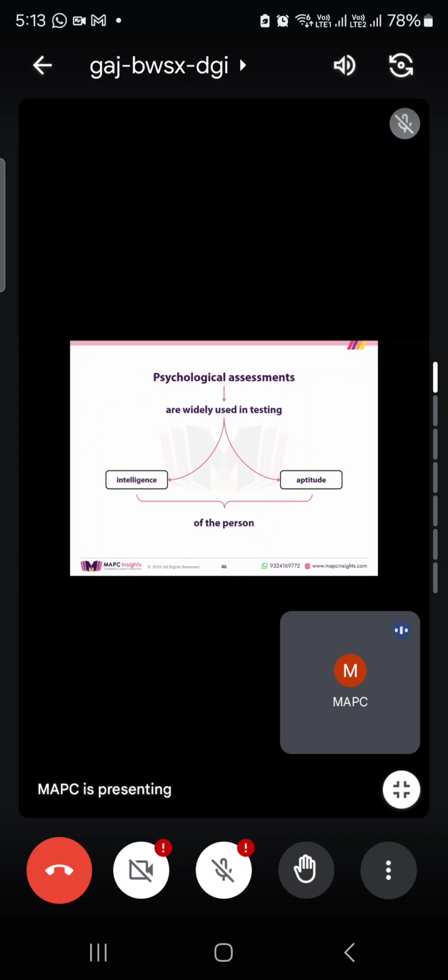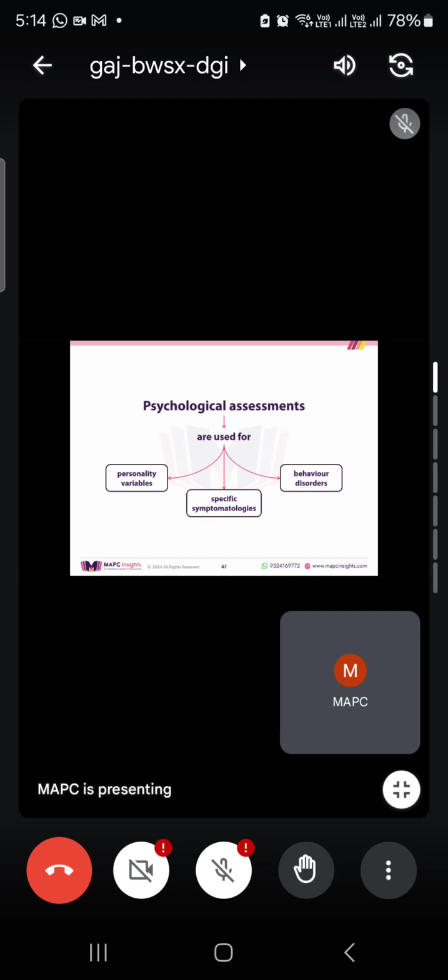So these are the practical applications of the test. Psychological assessments are widely used in testing the intelligence and aptitude of a person. We use psychological assessment to check intelligence, aptitude, depression, anxiety, emotional intelligence, so many things. A number of inventories are there to check this. Psychological assessments are used for personality variables, to assess the personality of a person.